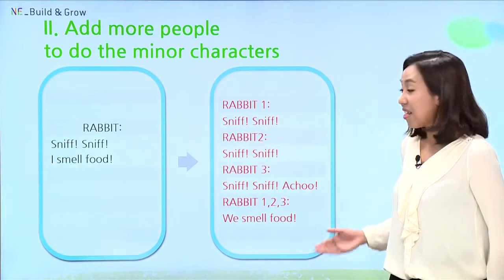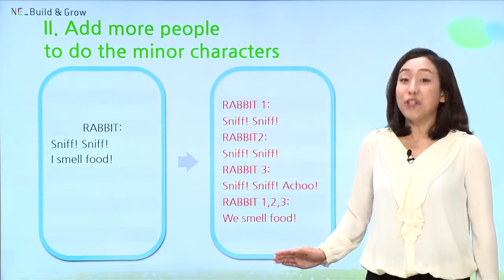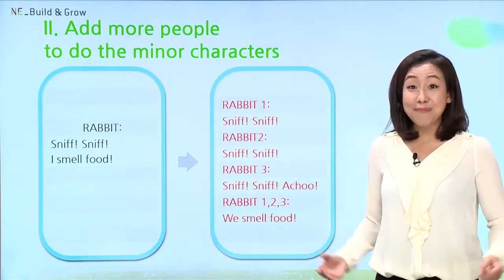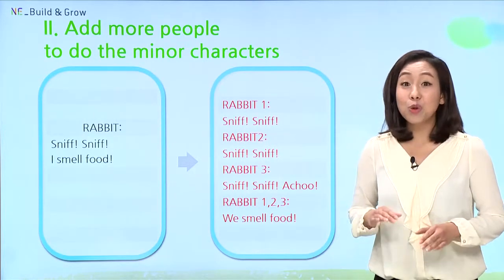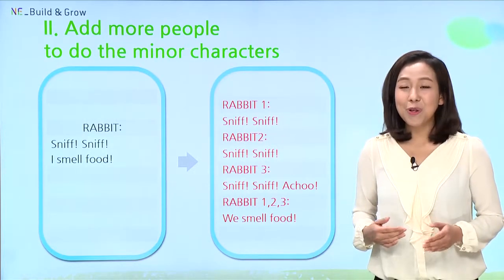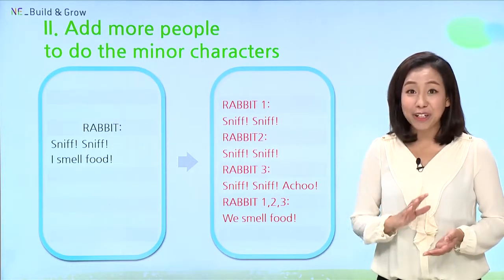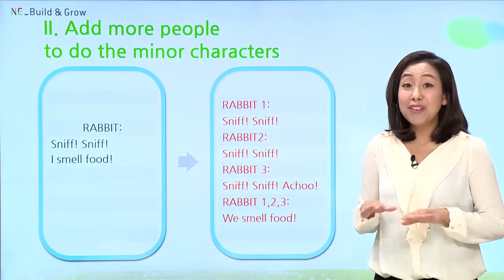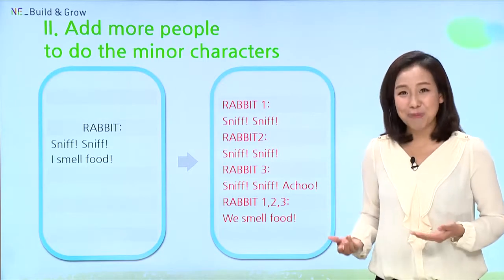And rabbit 3 can say, sniff, achoo! And all 3 of them can say, we smell food. And that can be a good way to rewrite your script. So you can have more characters to do the minor details or the minor characters. And for the minor characters to do these roles, you have to give them more lines to speak.